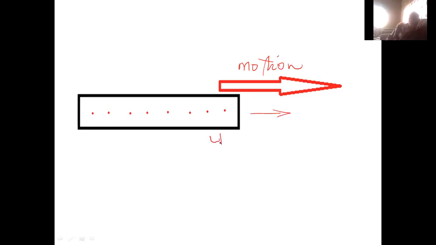So the closest to you, because you are pulling the tape, it becomes your initial velocity. And this one at the end, it becomes the final velocity.